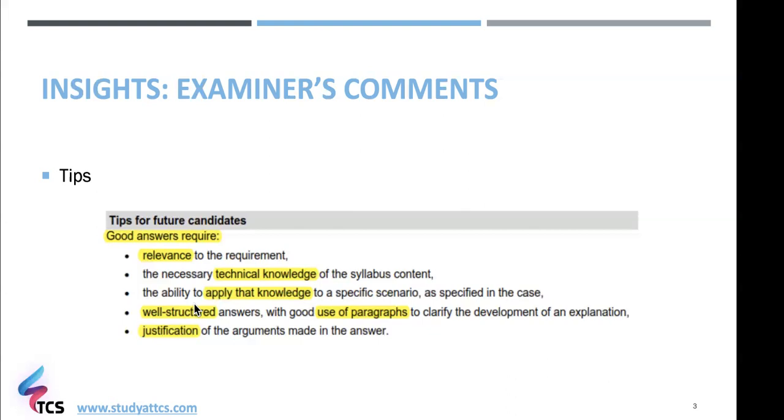I told you the technique behind developing an answer plan. So when developing the answer plan, you can ensure that technical knowledge is included within your answer. And on top of that, you can also ensure that technical knowledge is applied to the information which is provided as part of the scenario, which is provided under each and every task.